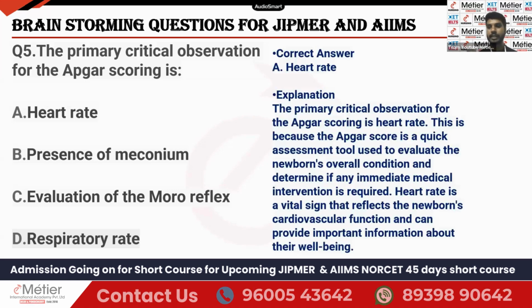What the studies and books are saying is, when the heart is functioning well, automatically the respiration and the lung maturity will be good. So that is why the primary critical observation goes to the heart. Clear? So when the heart is functioning well, we can expect respiration is good. So that is why the primary critical observation goes to the heart rate.